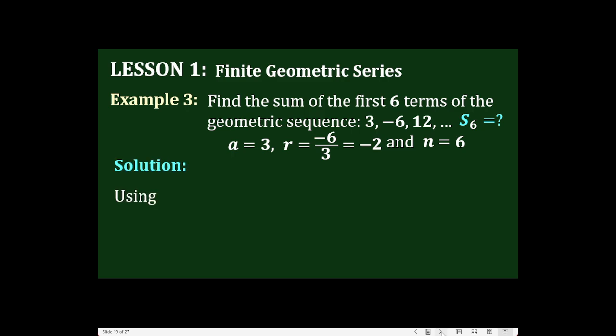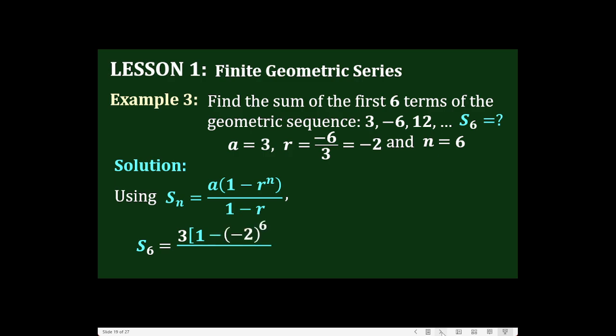Again, using the S sub n formula for the finite geometric series, we have this resulting expression for S sub 6: 3, quantity 1 minus quantity negative 2 raised to the 6, all over 1 minus negative 2.